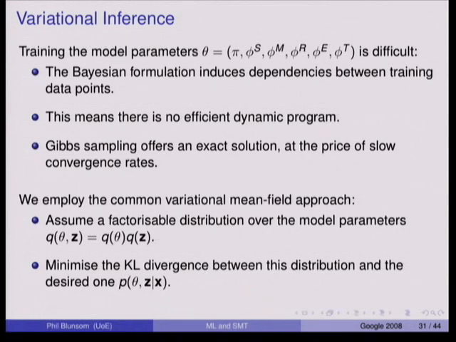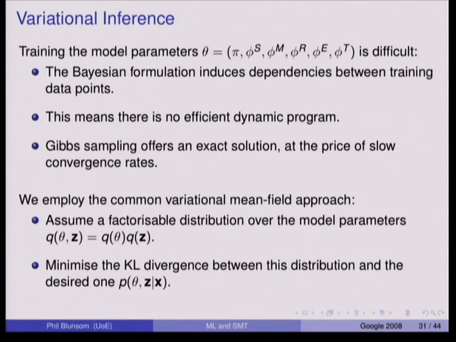And I'm not going to describe this in detail, it's reasonably complicated, but the intuition is quite straightforward, so I'll just describe that. In our approximation, we want to estimate the probability distribution P. But we can't do that because of all these dependencies. So what we're going to say is that we know of another distribution Q, which does decompose between the parameters theta, and Z, the derivation trees for our parallel corpus.